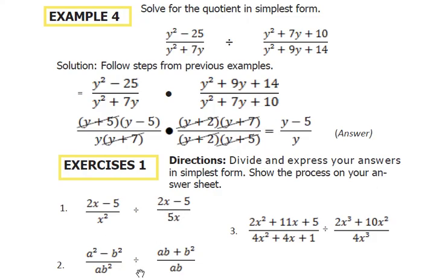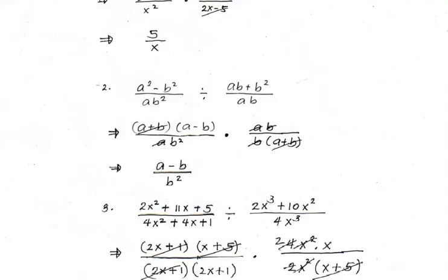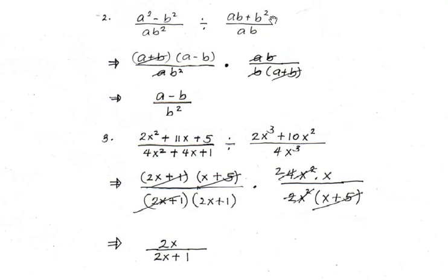For number 2, we have a squared minus b squared all over ab squared divided by ab plus b squared all over ab. Copying this expression in the solution, we change from division to multiplication, writing ab as the numerator and ab plus b squared in the denominator, but in this case, we factor out the denominator, that becomes b times quantity a plus b.